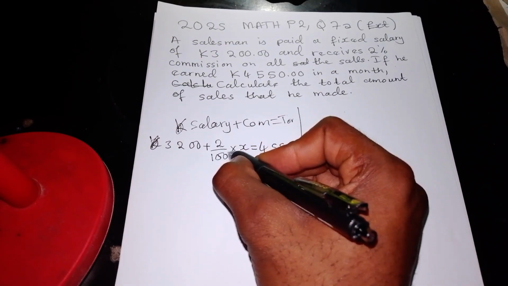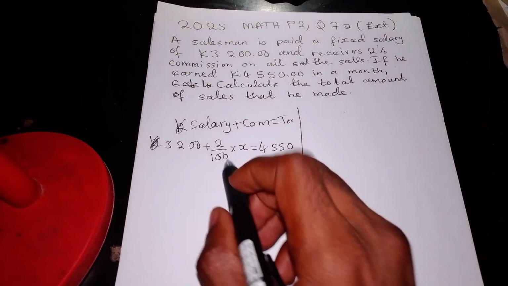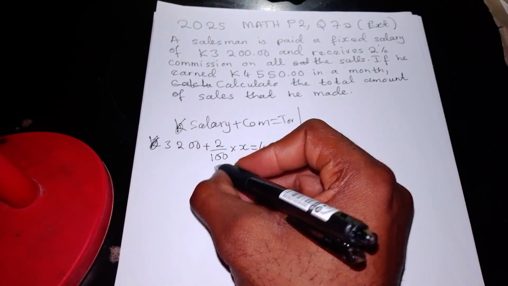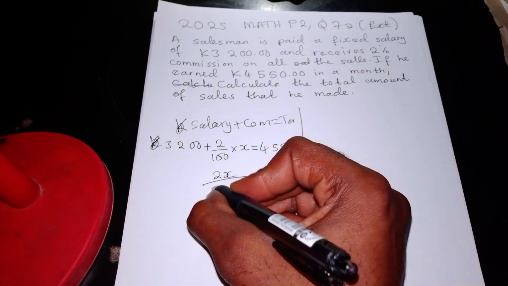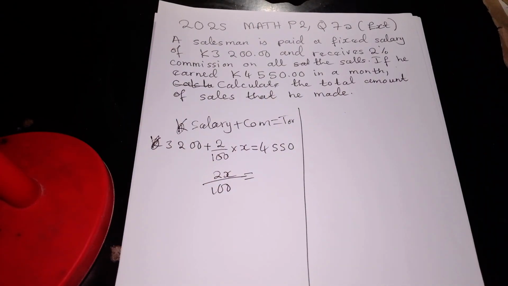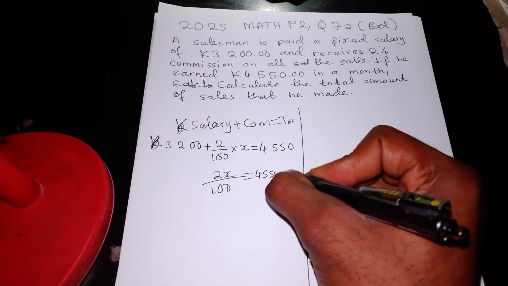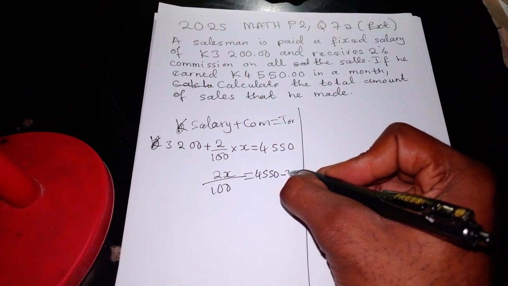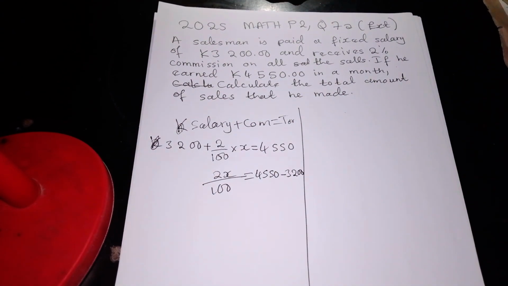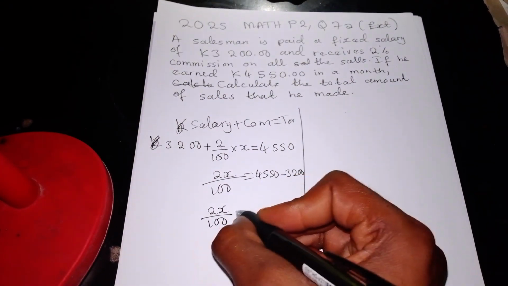If I want, I can even reduce the numbers, but I may make it harder by doing that. This will be 2x over 100, and then I'll take the 3,200 to the other side, minus 3,200.